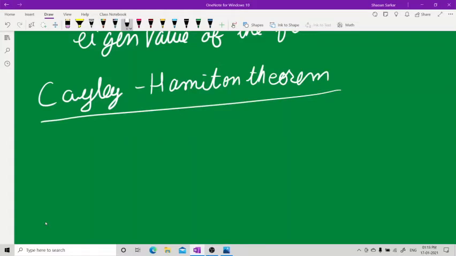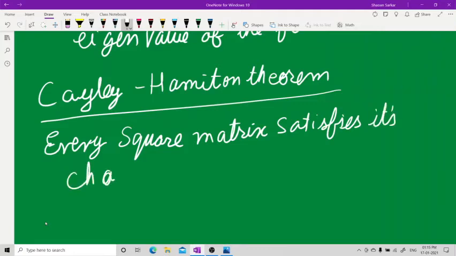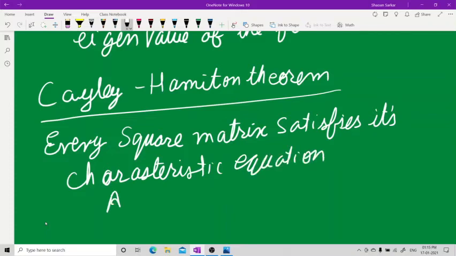Now this theorem says, as per GGSIPU University, you only have the statement, no proof and nothing: every square matrix satisfies its characteristic equation. Suppose A is an n cross n matrix, then of course you will have it of this form.